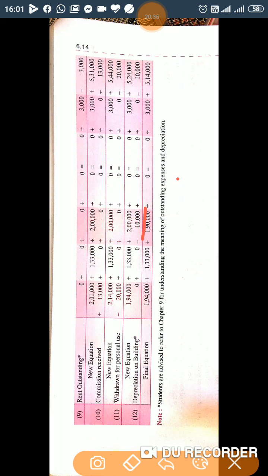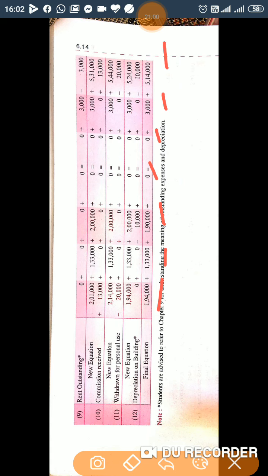It should be deducted from the capital. So final equation is cash 1,94,000, stock 1,33,000, building is now having balance 1,90,000 after deduction of depreciation, debtors are nil, creditors are nil, and outstanding expenses 3,000, and capital becomes 5,14,000.